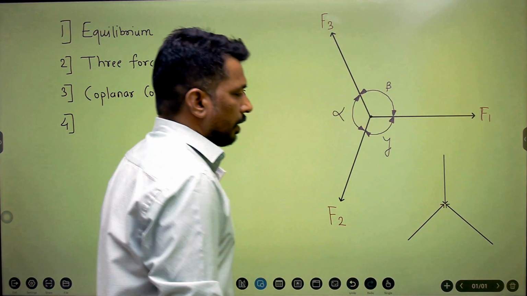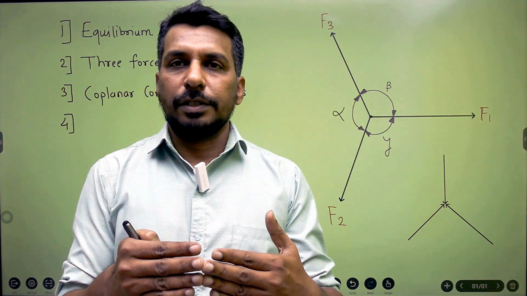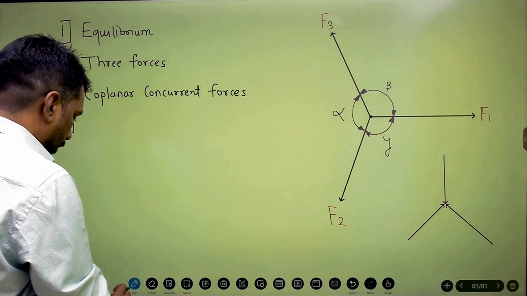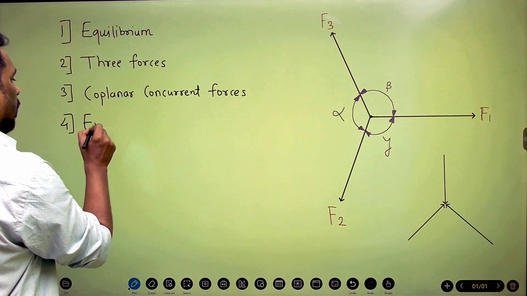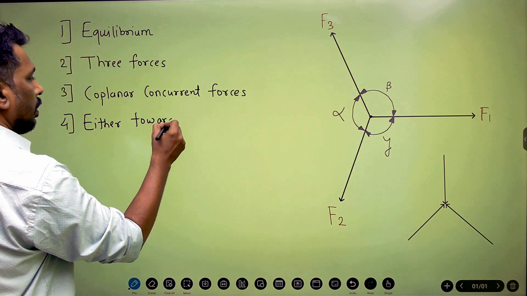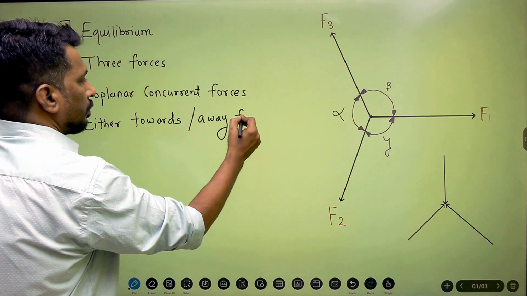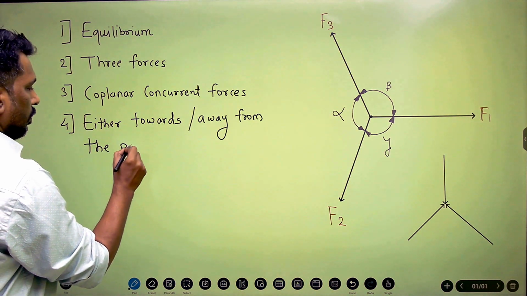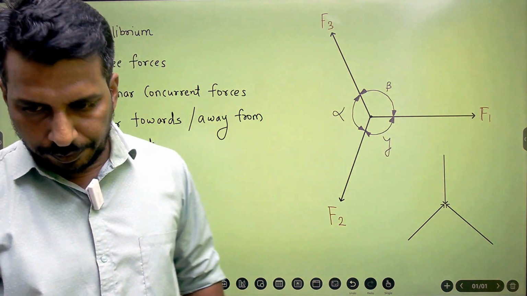This system is compressive, with forces acting at a single point and towards that point. So these two configurations you can consider for applying Lami's theorem: either towards or away from the point through which these three forces are passing.